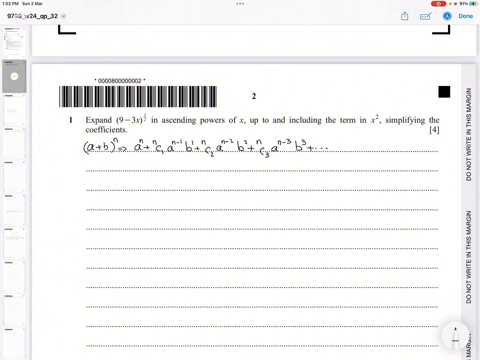Now we must be very careful in placing the values. Our a is 9 and our b is minus 3x.